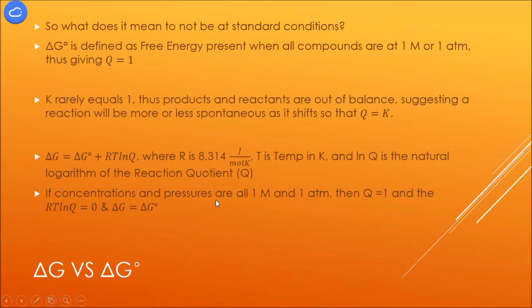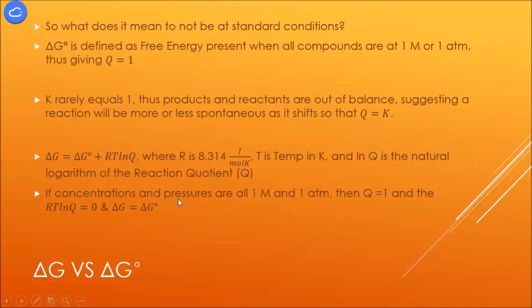The natural log of 1 is 0. And so if this is 0, all that drops out. So the basic statement is when everything is done at 1 molar in 1 atmosphere, delta G is equal to the delta G standard. So by definition, when everything is 1, we're at delta G standard.